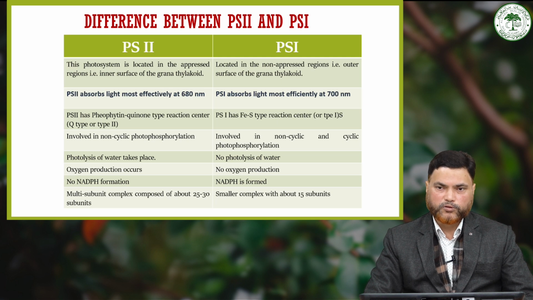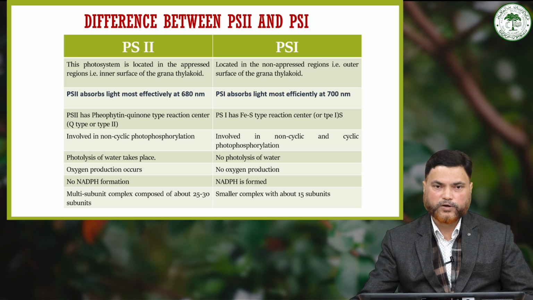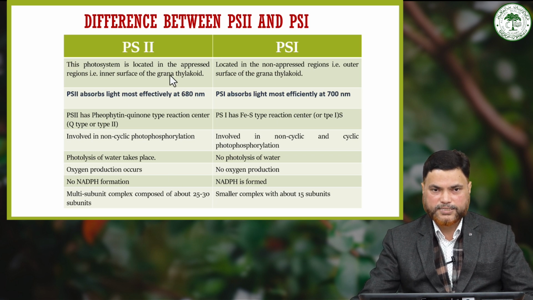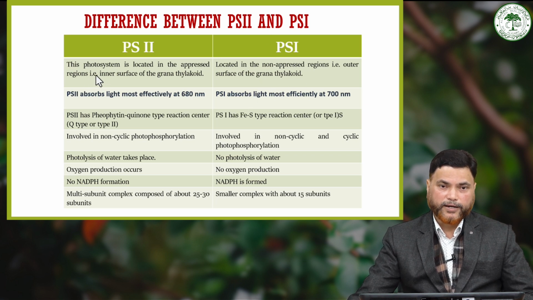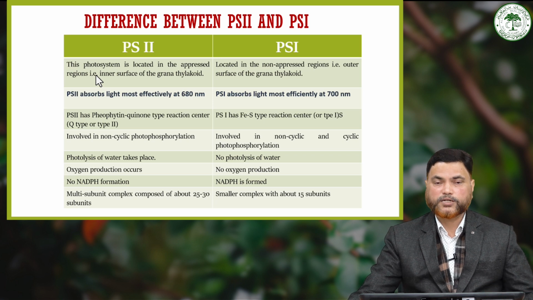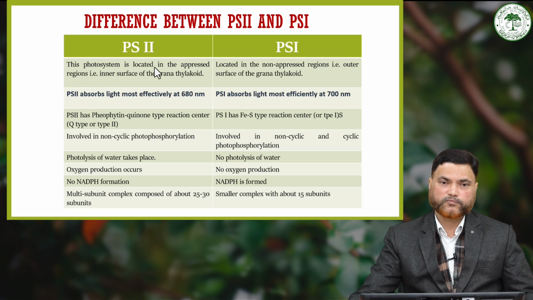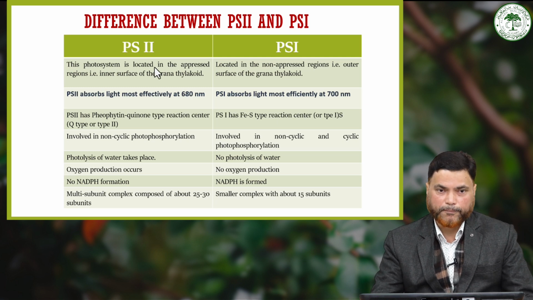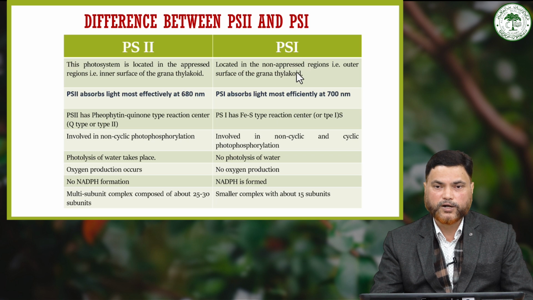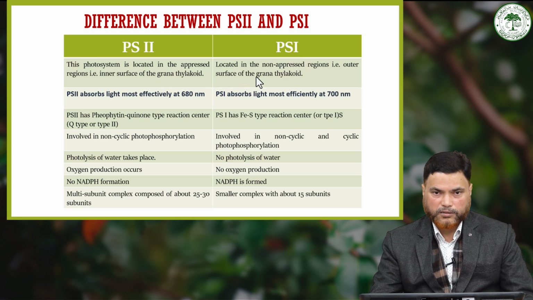You see that both PS2 and PS1 are involved in non-cyclic photophosphorylation, whereas in cyclic phosphorylation, photosystem 1 is only involved, and the location of these photosystems also differs widely, and you see that photosystem 2 lies in the appressed region, whereas photosystem 1 lies in the non-appressed region.